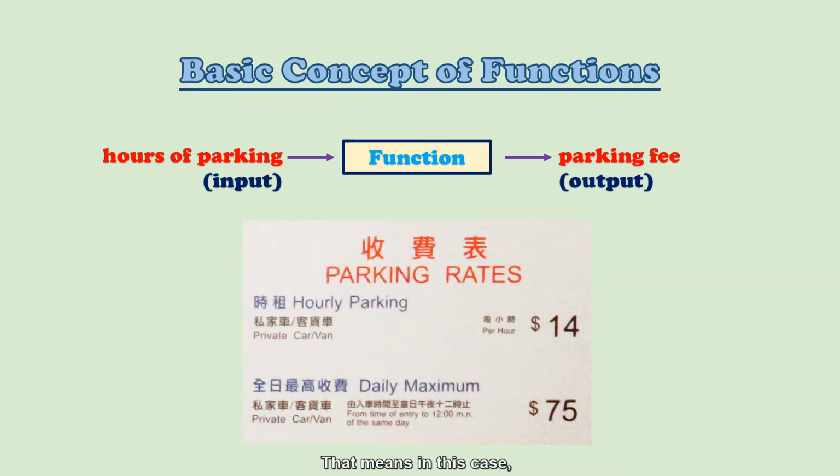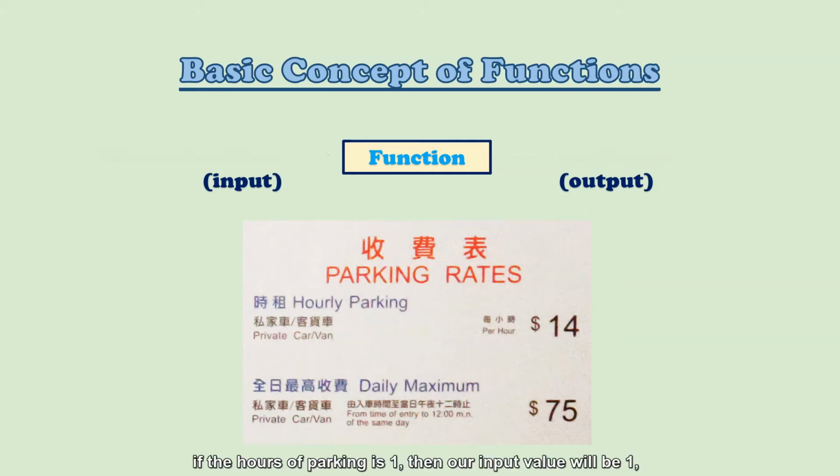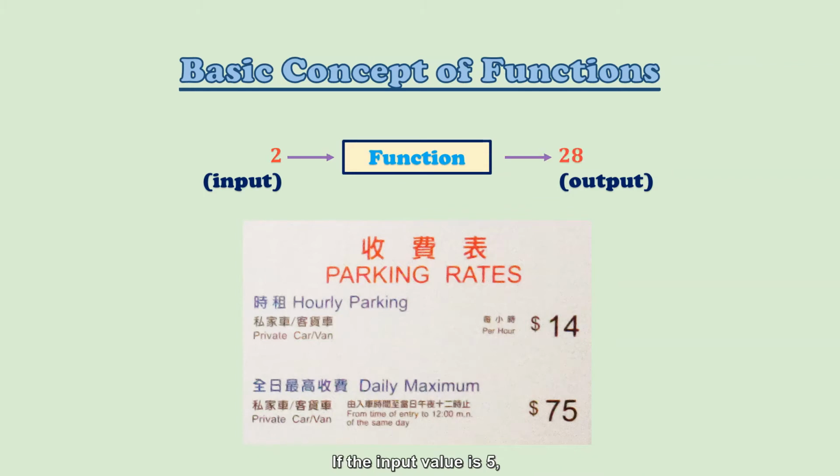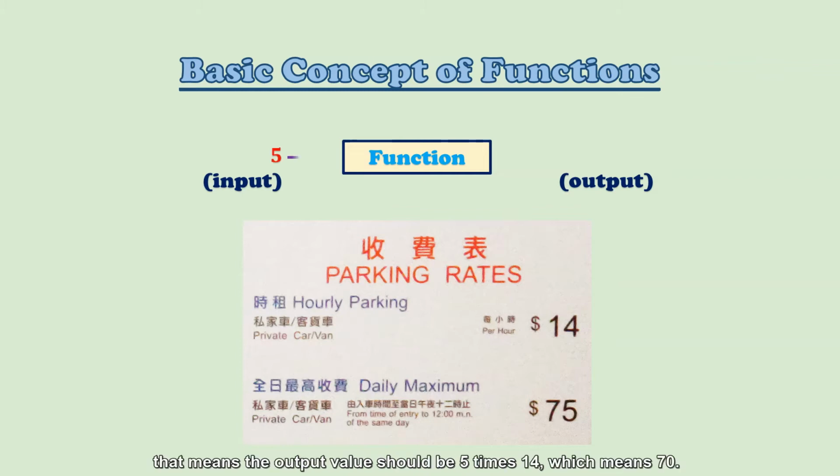That means in this case, if the hours of parking is 1, then our input value will be 1. And after parking for an hour, the fee should be $14, so the output value is 14. Similarly, if the input value is 2, that means the output value should be 2 times 14, which means 28. If the input value is 5, that means the output value should be 5 times 14, which means 70.